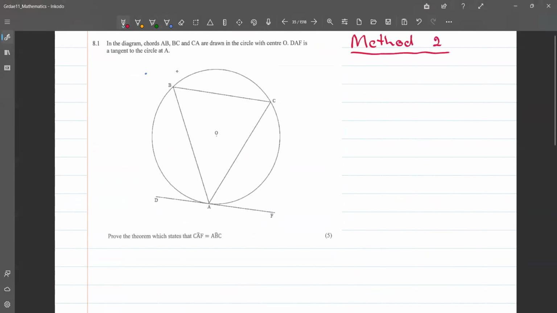I prefer the first one because it's easier to remember. With your second method, you are going to use the angle at the center is twice the angle at the circumference. So that's the logic behind it. But let's do it together. Under construction, what do we draw? We are now going to draw radii.